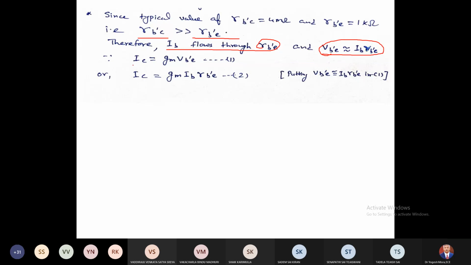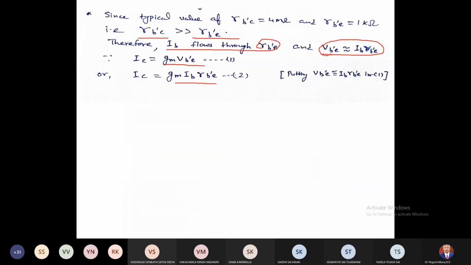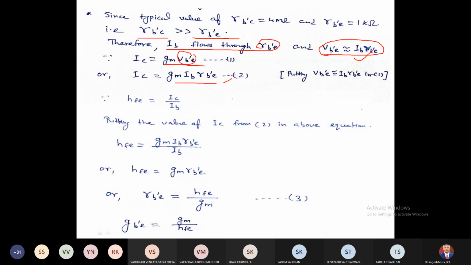Now since IC here, IC is this current generator. So here we have written this IC is GM VB'E, and in place of VB'E, I put this value. So this is my equation number 2 will come, right? And HFE, we know that it is output current by input current, that is IC by IB, right?